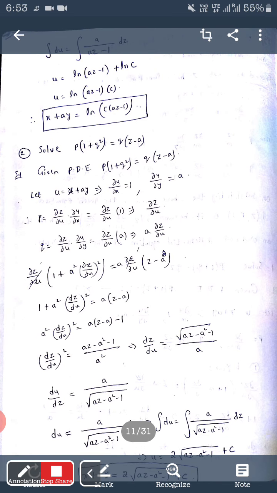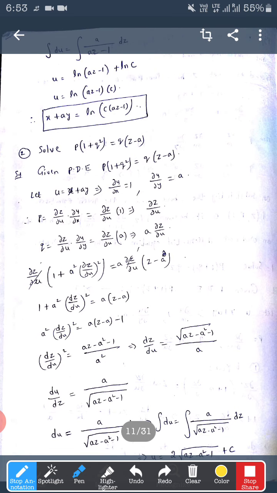So this becomes integral du is equal to integral a by (az minus 1) dz.